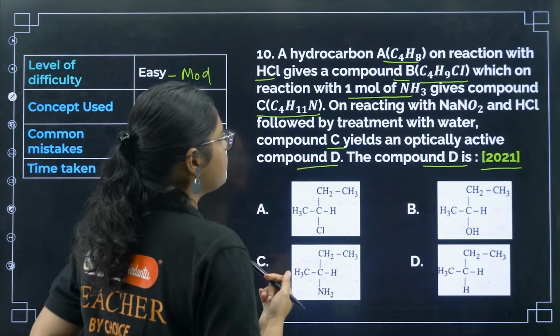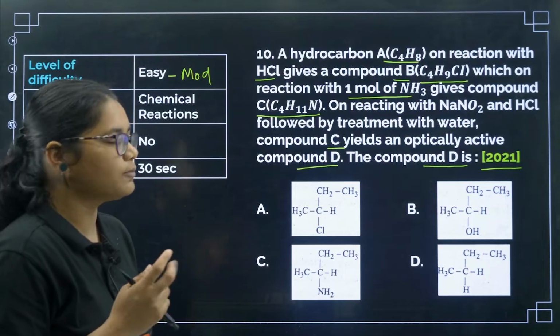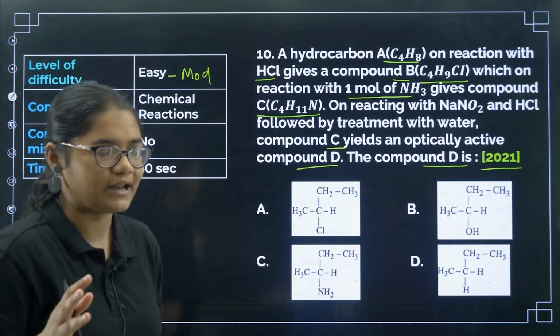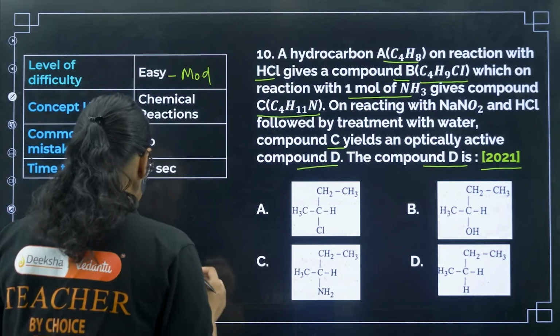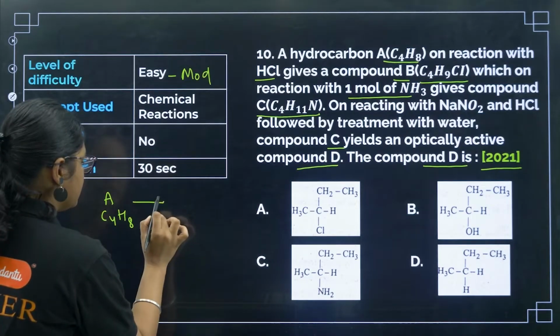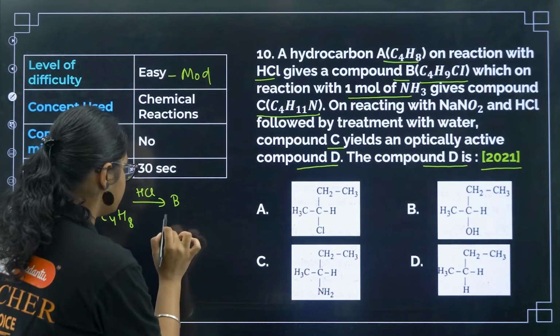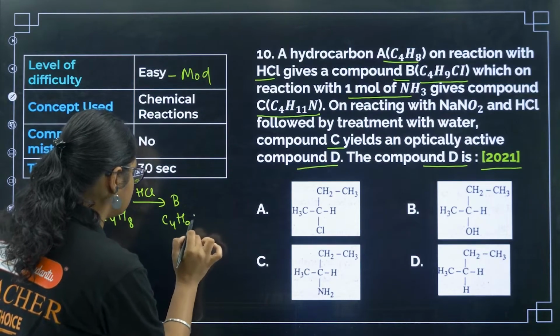So C4H8. By seeing this, you can see it is a formula of an alkene, right? C4H8, one alkene is present. So first we'll write A, which is C4H8. It is reacting with HCl to give you B, which is C4H9Cl.